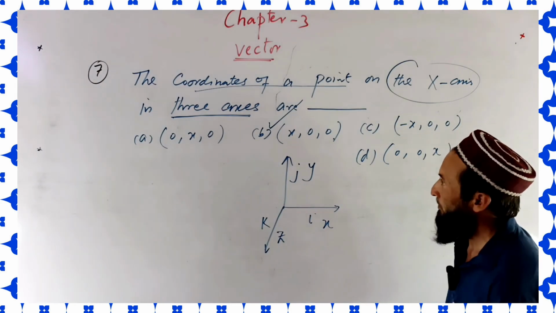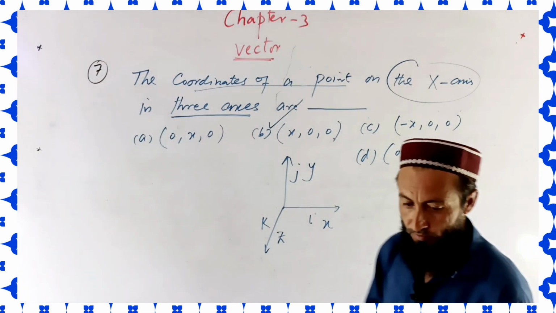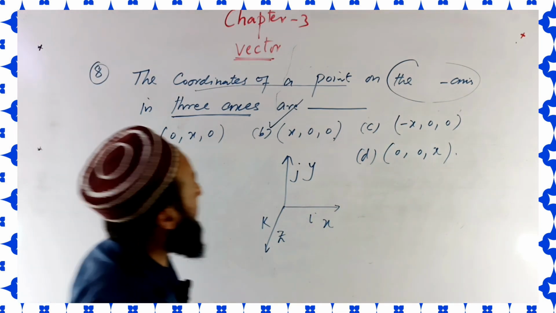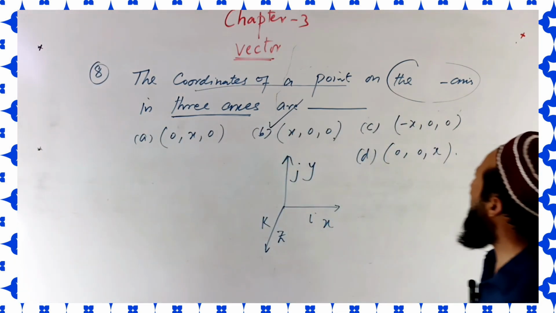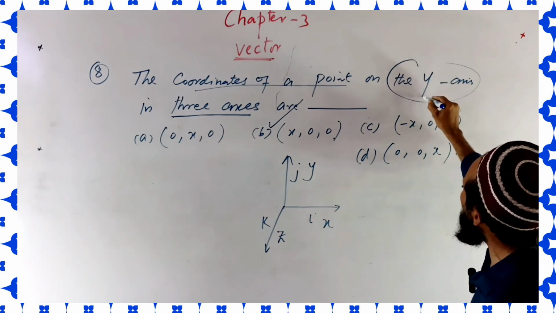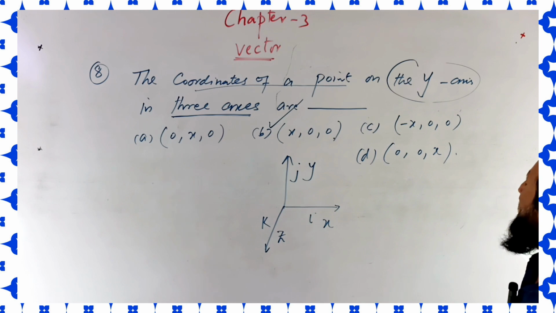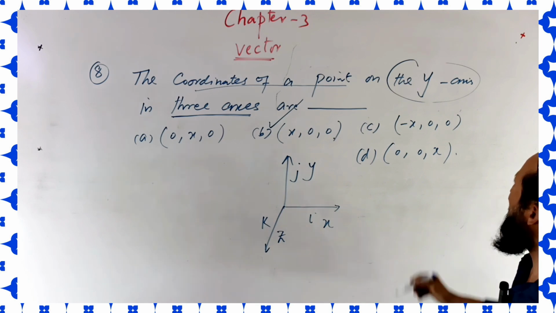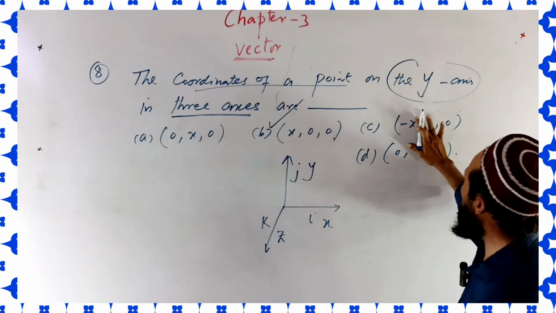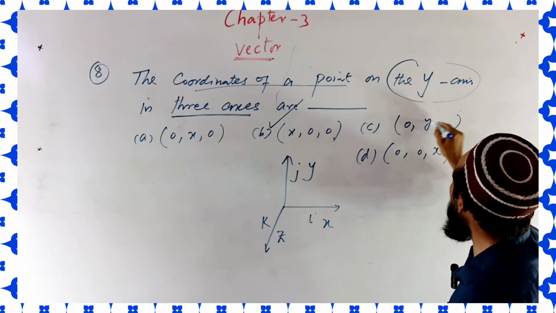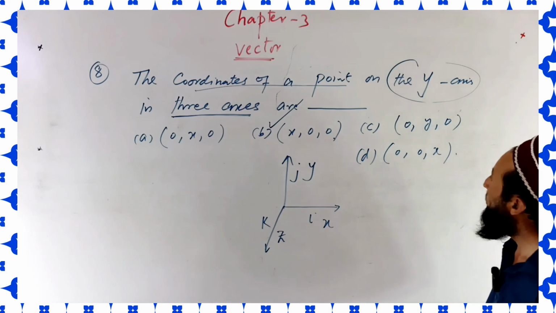And here, the coordinates of a point along the y-axis in the three-dimensional space. So the definition changes here. For example, we write 0, y, and 0.